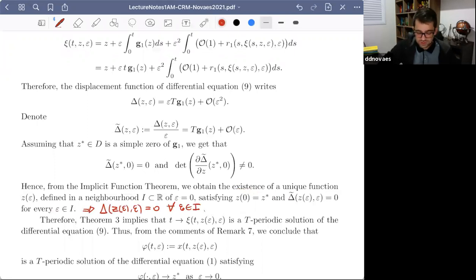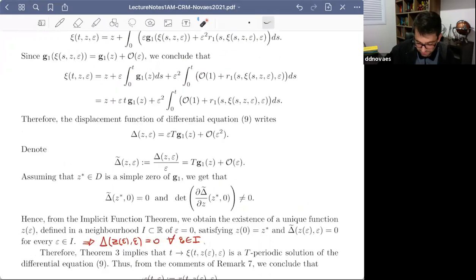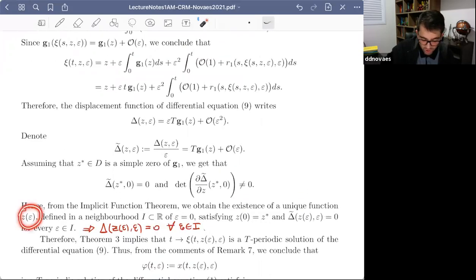Okay? So, taking theorem 3 into account, we know that this function is a T-periodic solution of this difference equation, because I find a branch of zeros of the displacement function, and we know that zeros of the displacement function correspond to a periodic solution of the differential equation.